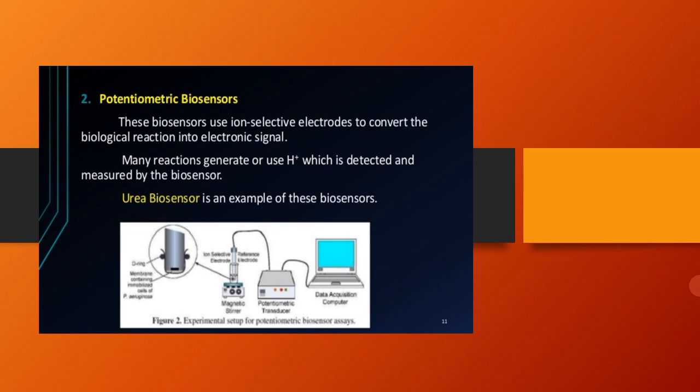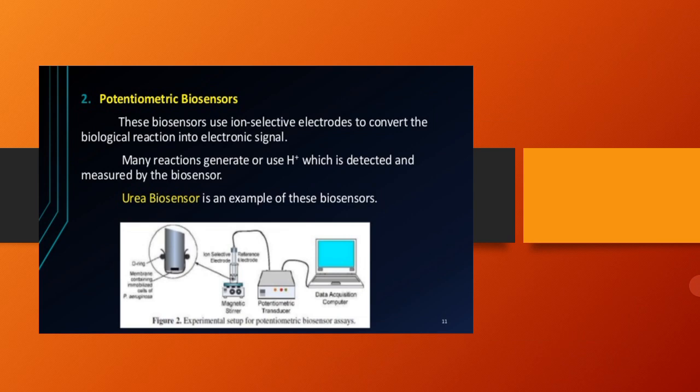Many reactions generate H plus ions, or many reactions use H plus ions, which can be determined and measured. The higher the H plus concentration, the higher the amount of substrate present, so the concentration of H plus is directly proportional to the concentration of the substrate.